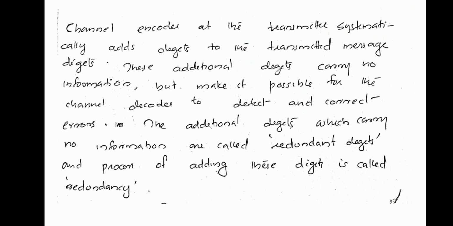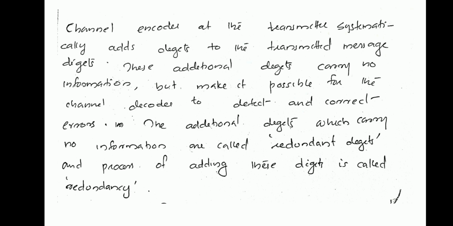The channel encoder will add some extra digits in addition to the information digits. Basically that extra digit doesn't carry any information, but at the decoder side, it is used to detect and correct errors. The additional digits which carry no information are called redundant digits or redundant bits, and the process of adding these digits is called redundancy.